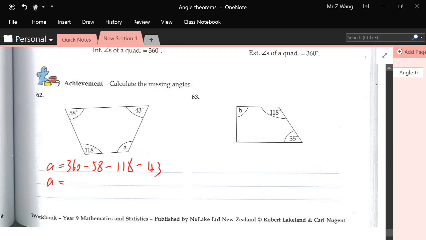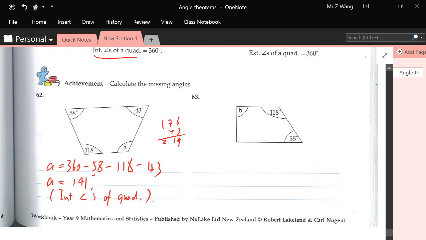So angle A is, you just do a calculation. This is 176, 43, 219. 360 minus 219, 141. Okay, so you always have to write the shorthand: interior angles of quad. Okay, that's enough.